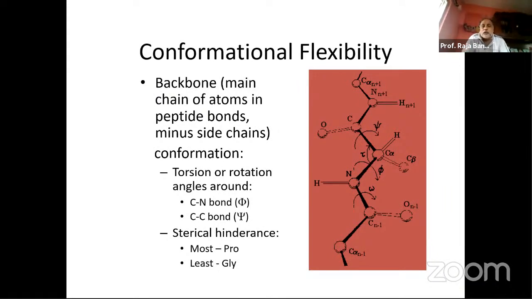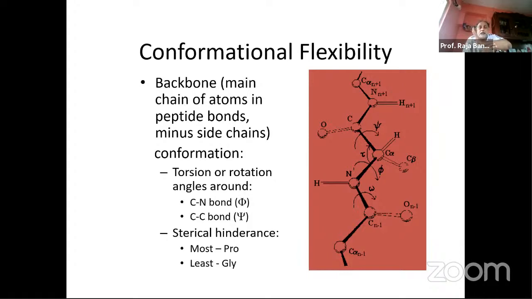So what is a conformation? Now, there are two terms: one is called conformation, and the second one is called configuration. What is configuration? We have talked about the D and L nomenclature, capital D, capital L, that is the arrangement in three-dimensional space. But if we look at this, this is one part, and this is the single bond.